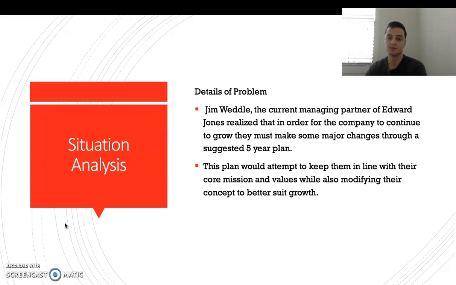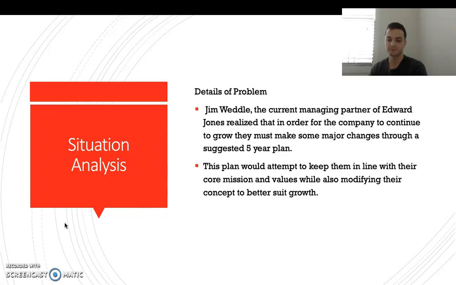Basically, Jim Weddle took over as the current managing partner of Edward Jones, and he realized that in order for the company to stay successful, they have to make some major changes. So he started instituting 5-year plans. The first one he instituted was in 2006. Then he instituted another one after the major recession that we had, and then finally another one in 2017.